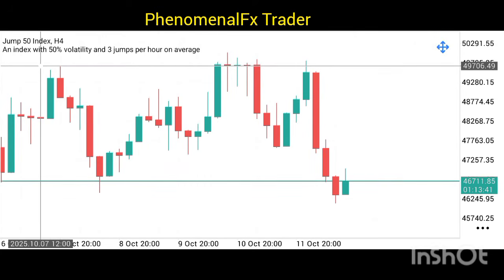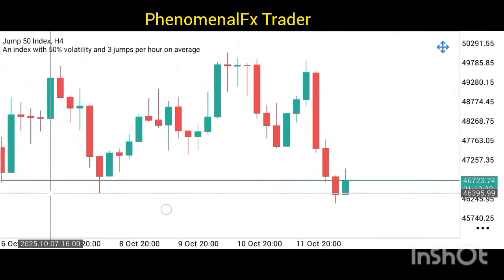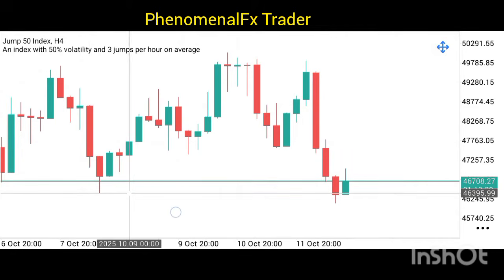Very small, it closed above it very small, as you can see. So there was a break of structure at that point. For that reason, this will be the new higher low of the market on this 4 hourly time frame.